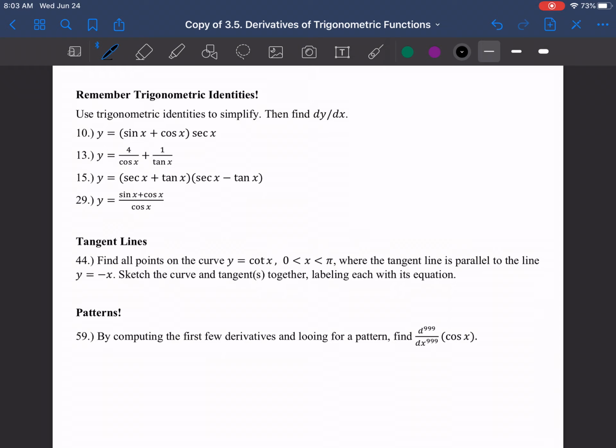And so you're going to want to figure out, according to that pattern, by the time you get to the 999th derivative, what would you be on? Which part of the pattern would you be? Where in the pattern would you be? And then figure out what that derivative would be without actually doing 999 derivatives. You just have to do a few until it starts to repeat itself. Take the pattern and use the pattern to extrapolate out for what the derivative is.